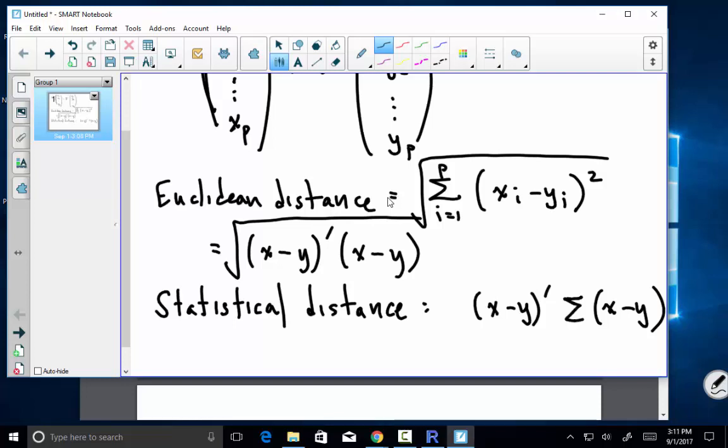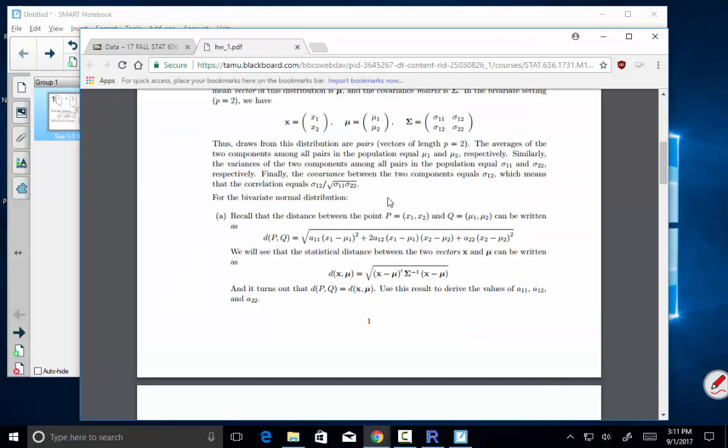So in the slides we have it of this form: x minus y transpose times some square matrix sigma that's been inverted, times x minus y again. It's just like the Euclidean distance, where we've stuffed in a weighting matrix at that spot. I'll say more about this, but for now I'm just giving you a brief introduction to the homework. And in the homework, I'm asking you to compare Euclidean distance to statistical distance.